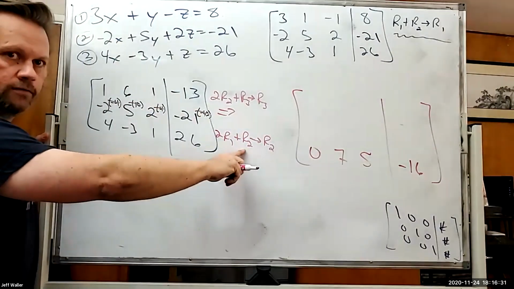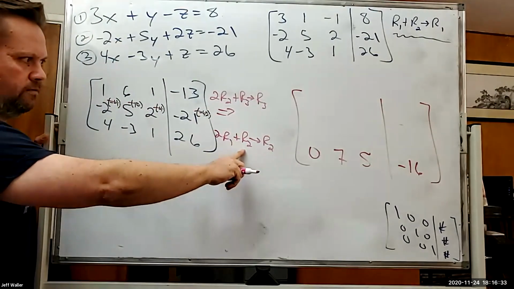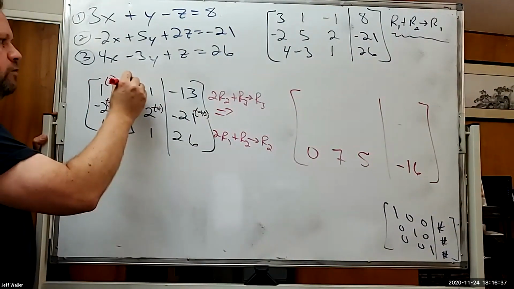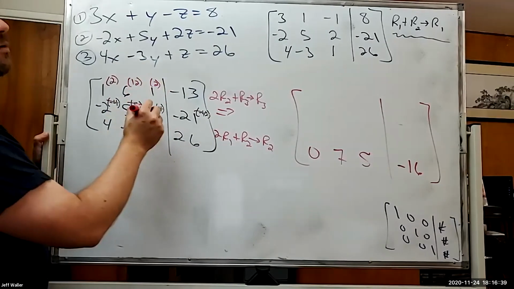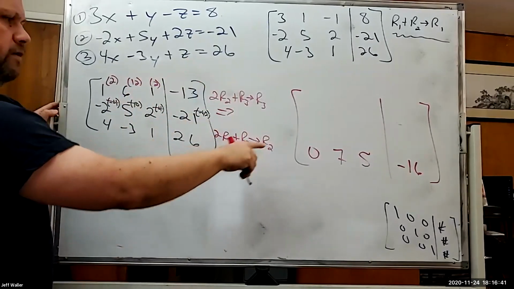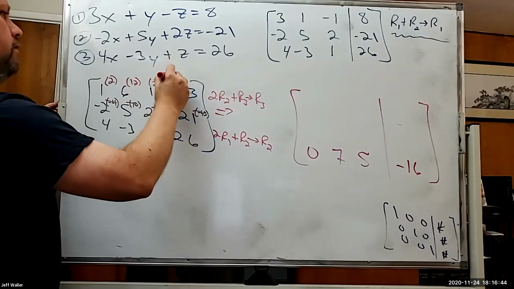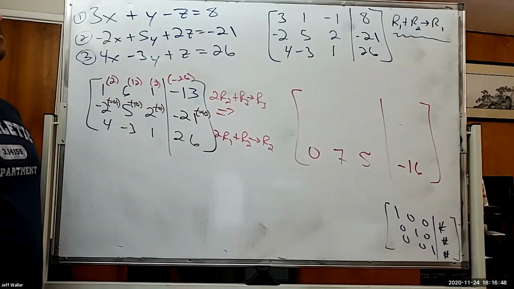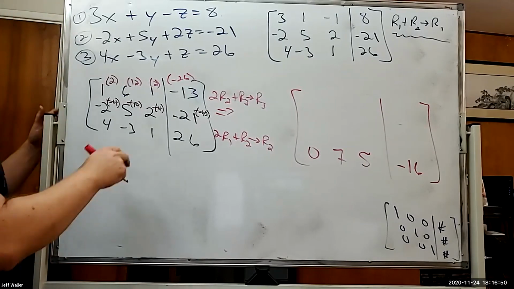And now I can do this. Twice row 1. All right, let me do twice row 1. 2, 12, 2. Hopefully that's right. And, oh yeah, negative 26. Yeah, okay.